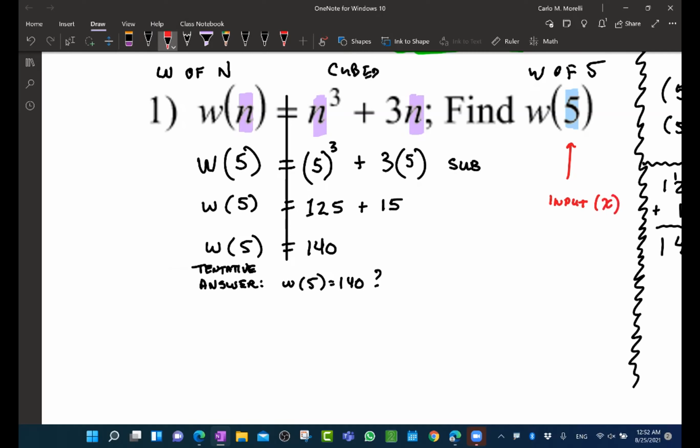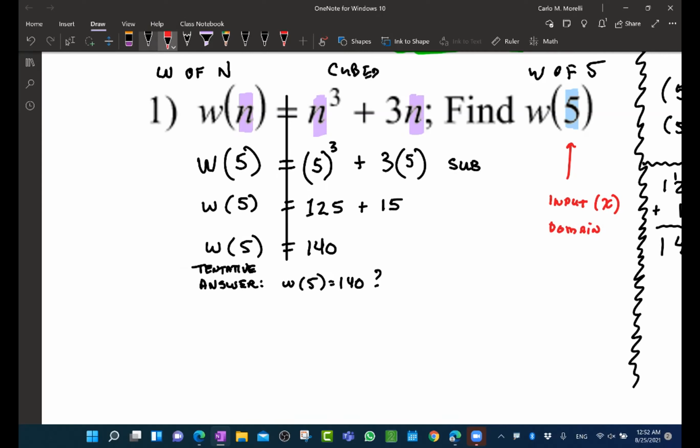We also call that the domain value. Okay. And so input, x, domain. All right. So we're saying when we evaluate the function at 5, we get 140.